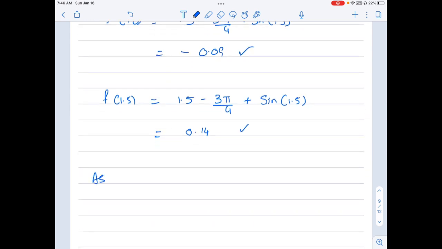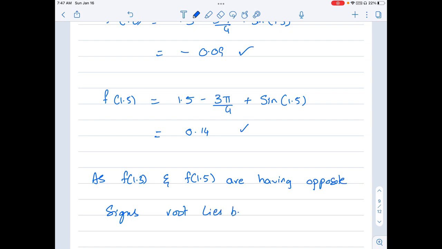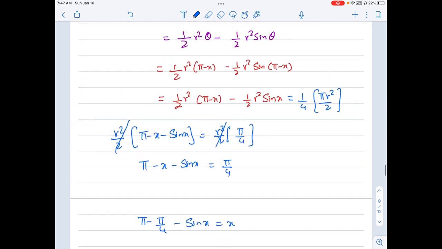Then you can write that f of 1.3 and f of 1.5 have opposite signs, so the root lies between 1.3 and 1.5. That is the answer for the second part.